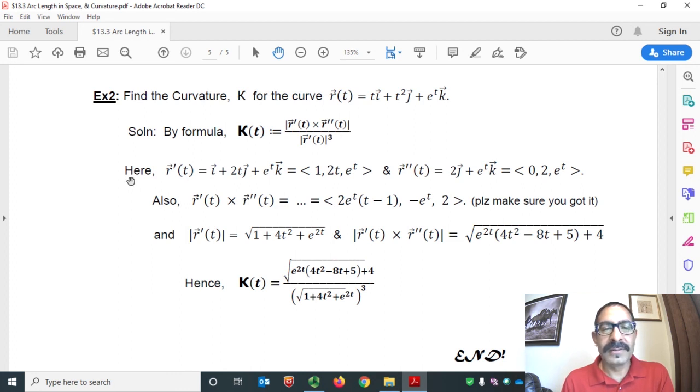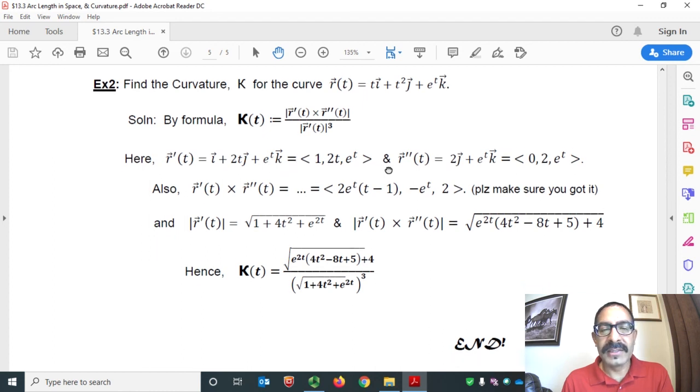So let's take the derivatives of r(t), first derivative and second derivative, cross them, and find the magnitude of r prime and use this formula. So here r prime equals i plus 2t j plus e^t k, which is the same as 1 comma 2t comma e^t.